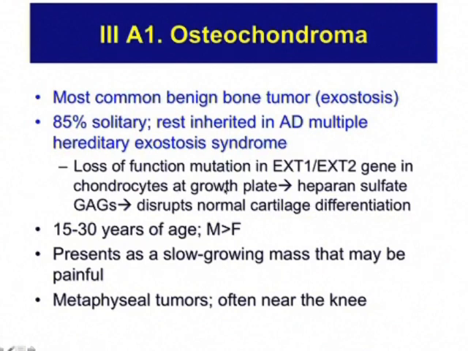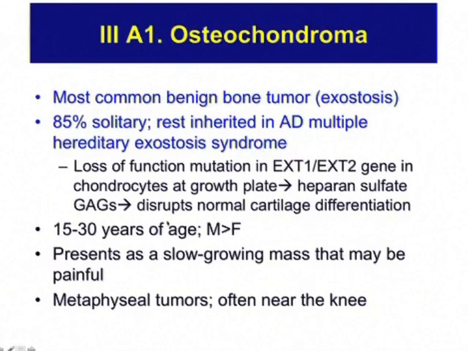These are genes that work on chondrocytes at the growth plate, and they are responsible for the enzyme that produces the heparan sulfate glycosaminoglycans at the growth plate. So if you have a mutation there, you're not making enough of the glycosaminoglycans, you don't get proper diffusion of your growth factors, and the cartilage cannot differentiate the way it normally would. So that's thought to be the mechanism for the inherited forms of this.